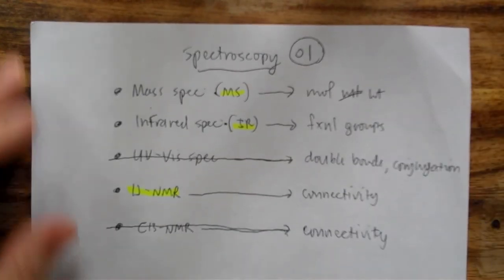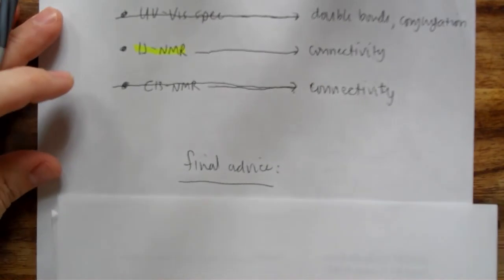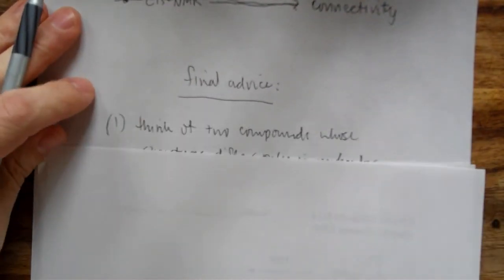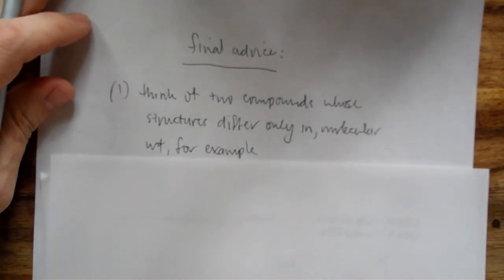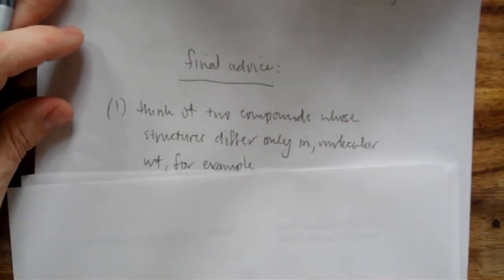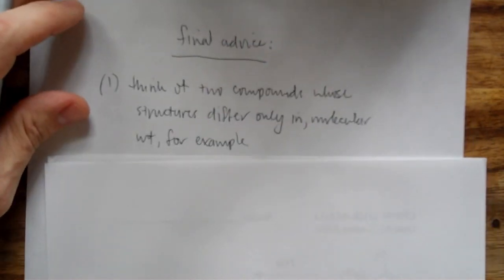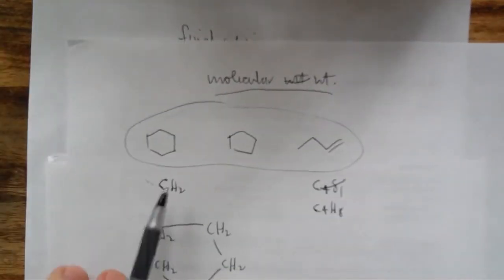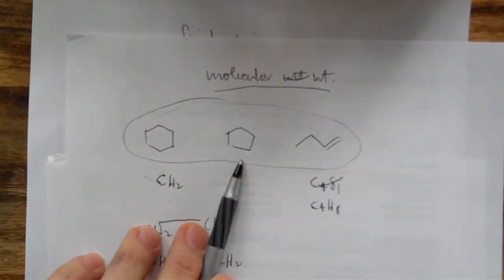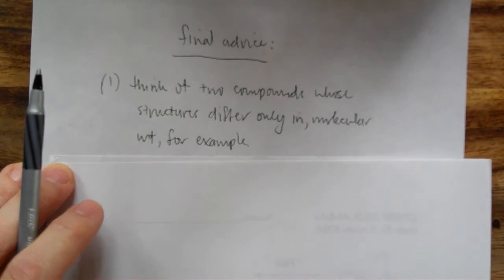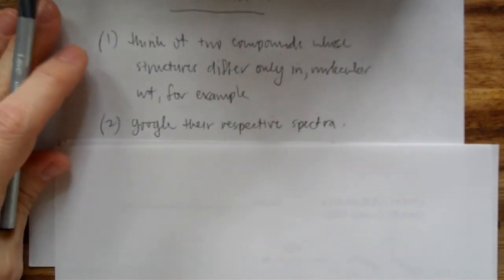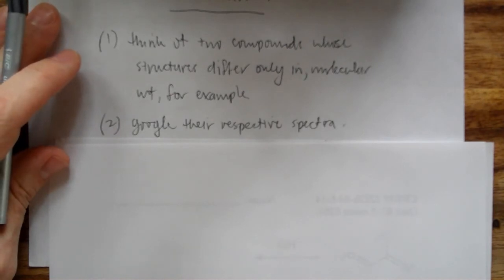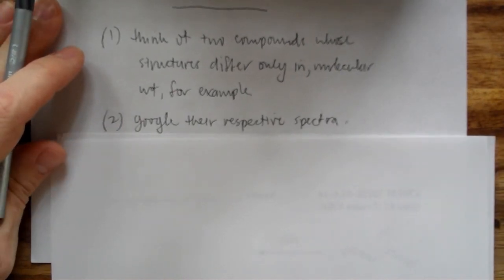All right, let's go to the final advice now, what you need to do in spectroscopy. And I'm going to go over this over and over. Think of two compounds whose structures differ only in, for example, molecular weight. After you've thought of those two compounds, my example that I gave you in this earlier picture was cyclohexane and cyclopentane, right? Think of those two compounds and then Google their respective spectra. So we Google their mass specs and we look at how they differ. I'll do those in some follow-up videos.